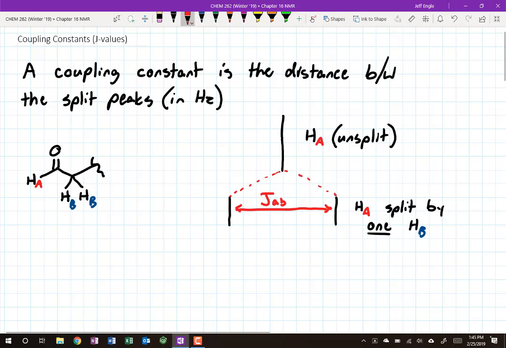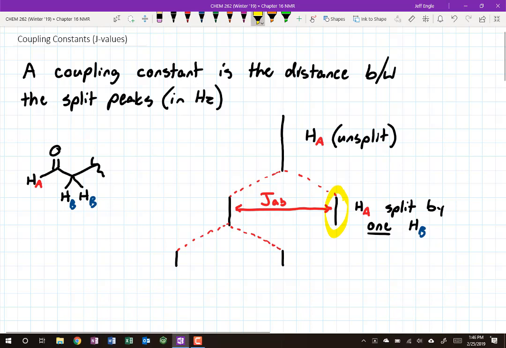All right, the next HB, though, should split it the same intensity, right? So let's go ahead and do that. If we split it the same intensity, let me clean this up a bit. It's going to be split like this, and like this, right? So that leftmost peak is now going to be half as tall, and it's going to be split like that, right? And then we can do the same thing for this peak over on the right-hand side now.